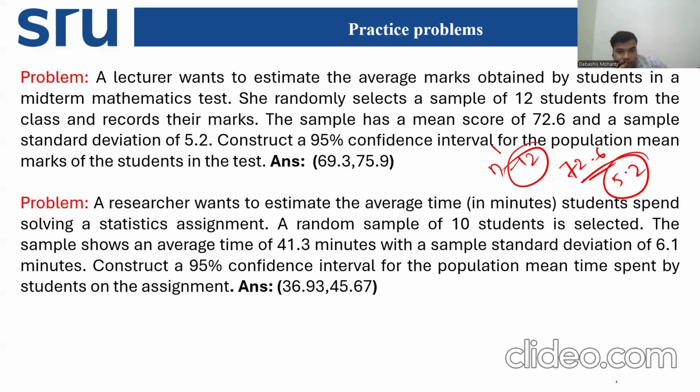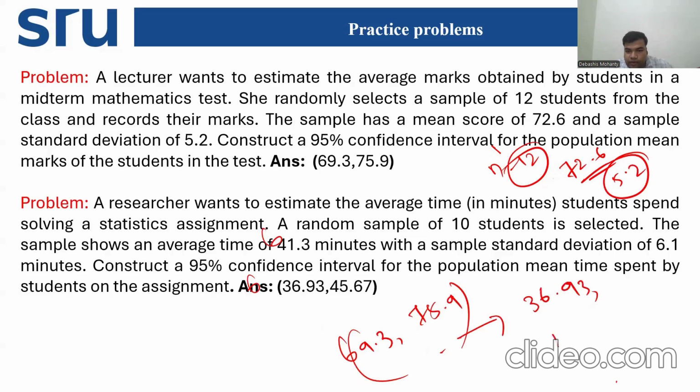The Z table we have to apply here to calculate the answer. Just to verify this answer: one is 69.3, another is 75.9. In the second question, the answer is 36.93, 45.67. Just to verify.